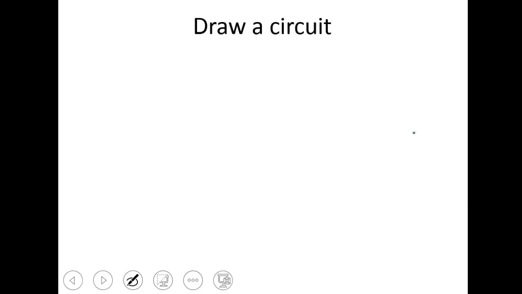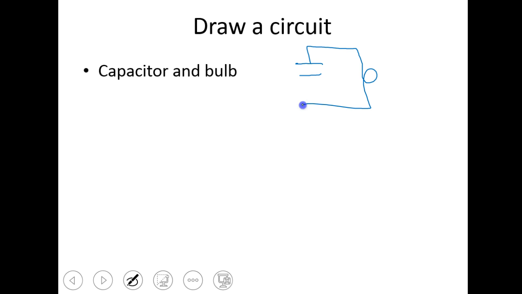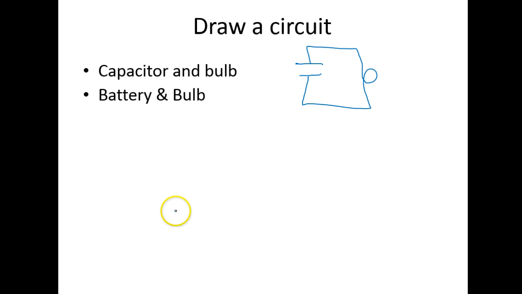Right? So what I want you to do is use those symbols to draw a circuit. First, a capacitor and a bulb. A capacitor is like this, and a bulb is like that. What about a battery and a bulb? A battery and a bulb is just those extra lines to indicate that I've got a battery.